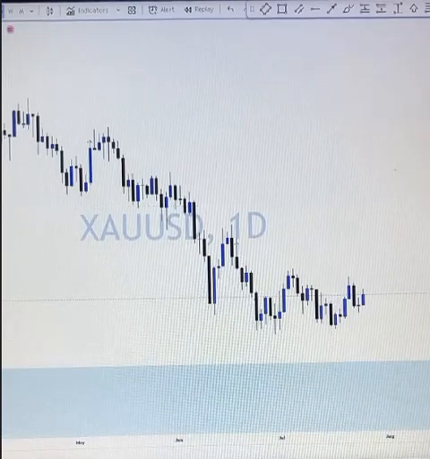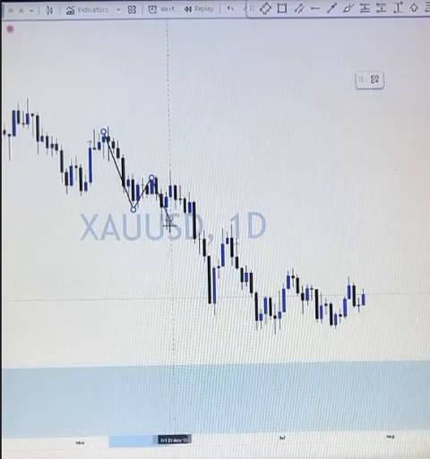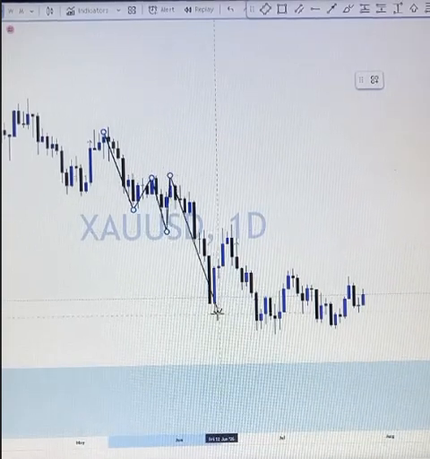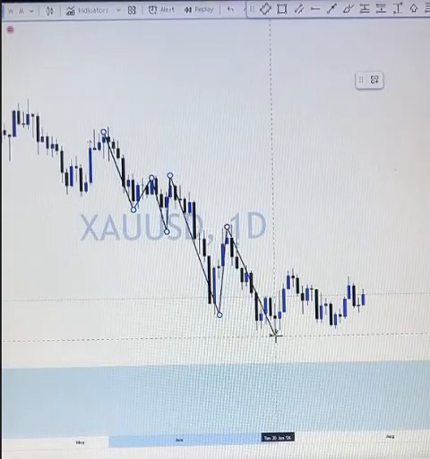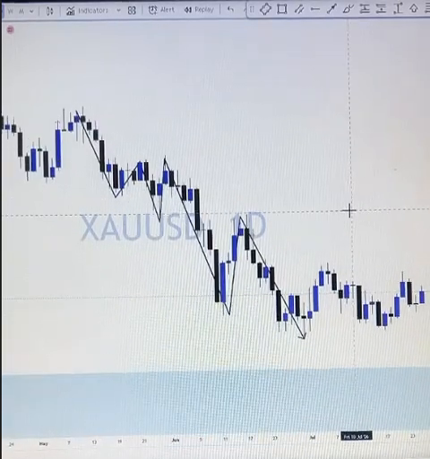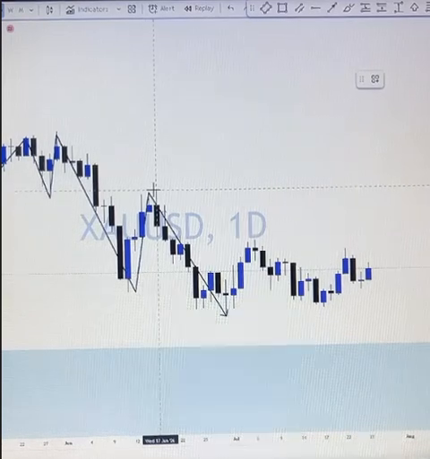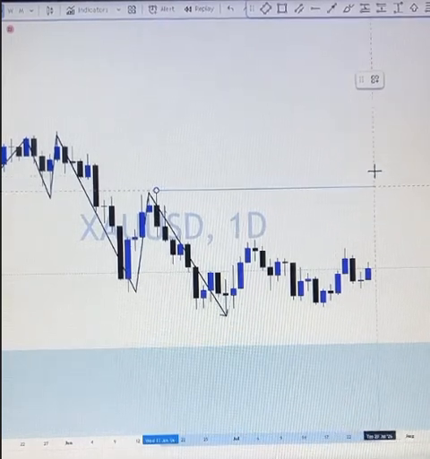All right, so on daily, what do we follow? We follow the structure. This is pullback, breakout, pullback, breakout, pullback, and what? Breakout. Now with this, what is our direction on daily?